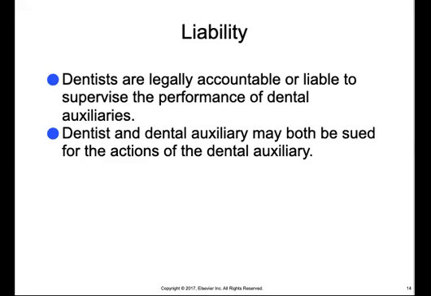Also, if the patient agrees to only take 1 or 2 films, and then out of frustration, you continue taking more films, or you up the KVP in an attempt to show them who's boss, or who's in control, things like that are malicious, and that's something that you can be liable for.